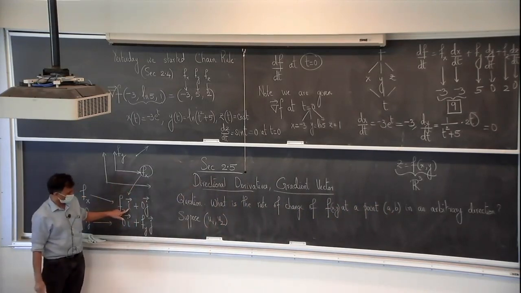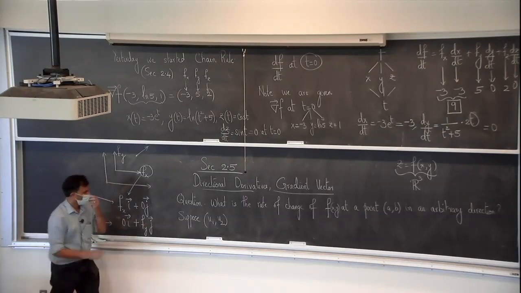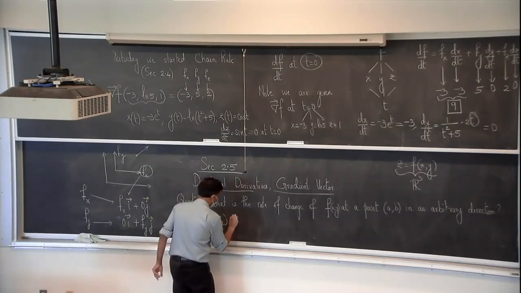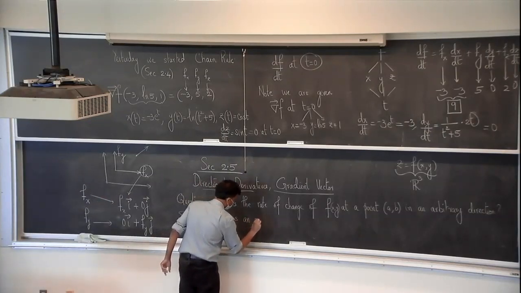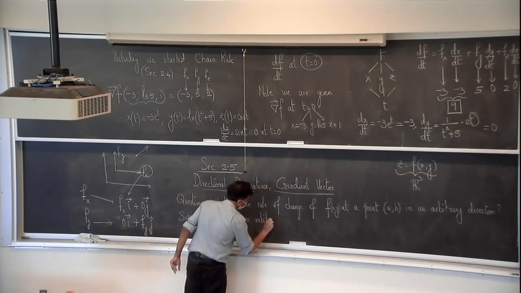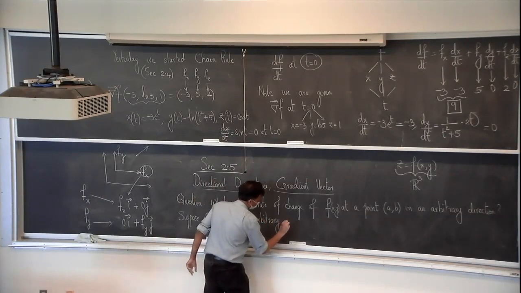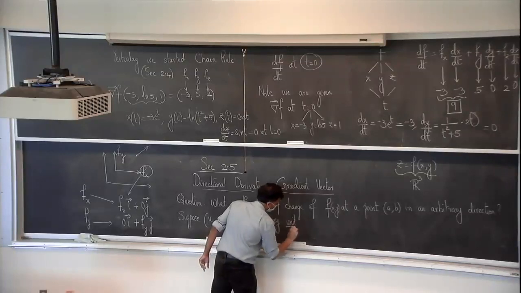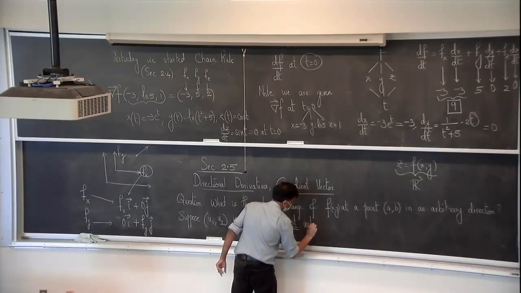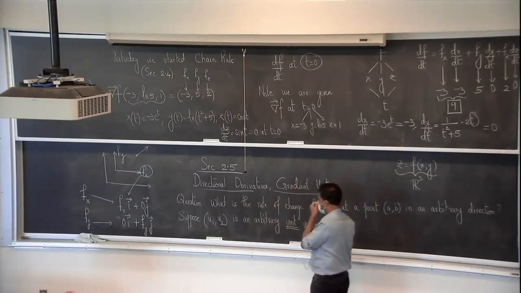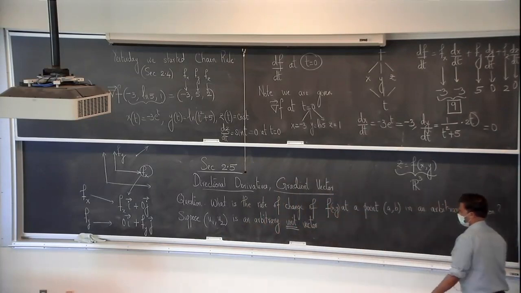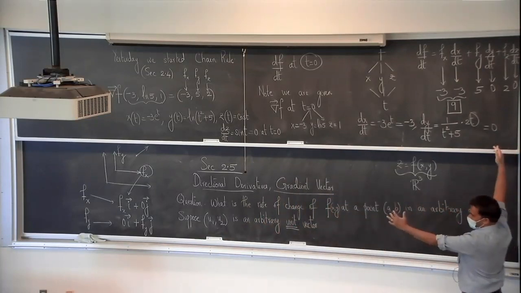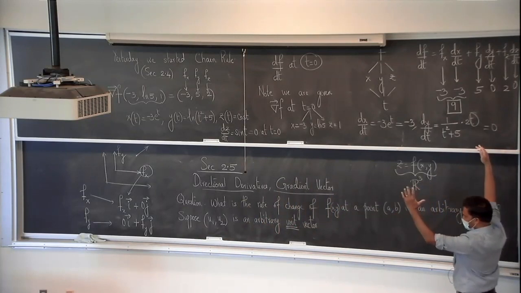In the first case, u1 is 1 and u2 is 0, and in the second case, u1 is 0 and u2 is 1. Suppose u1, u2 is an arbitrary unit vector, which means it could be anywhere now. It doesn't have to be parallel to the x-axis or y-axis.